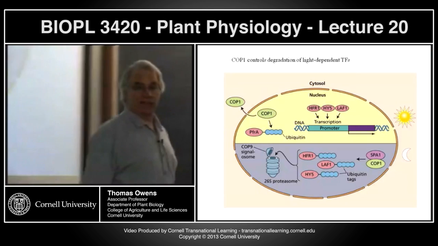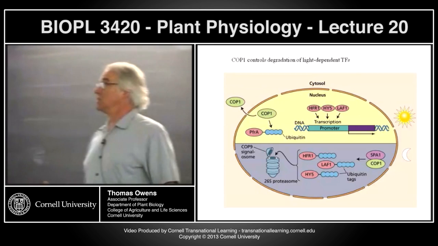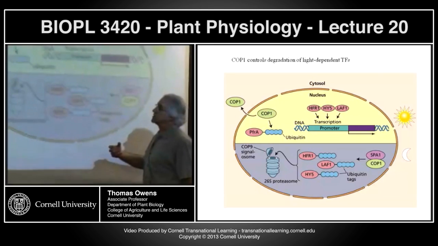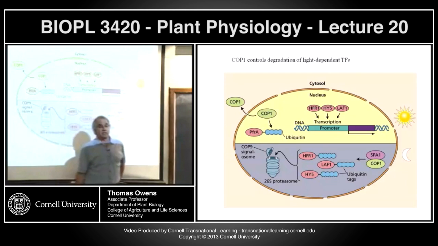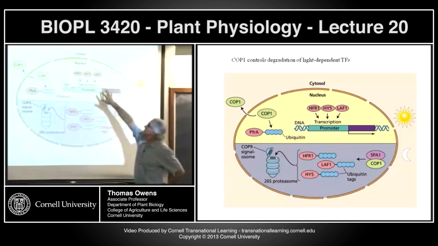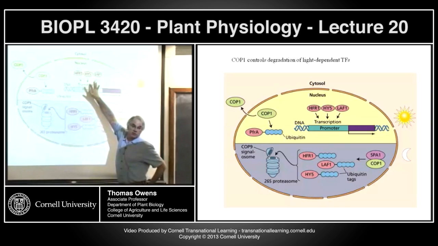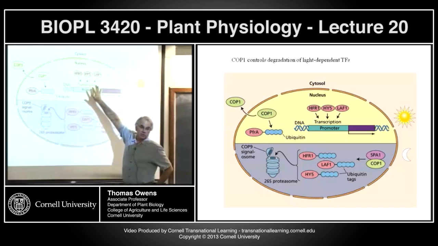But even that is an inconsistent picture because the text describes to us, and it tells us in this picture, that in the light, COP1 is exiting the nucleus. That allows these transcription factors to drive light-dependent gene expression.